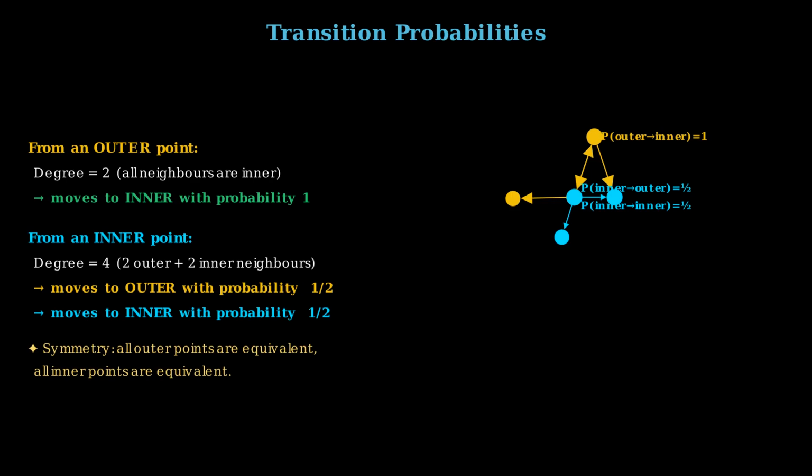So she moves to an outer point with probability 1/2, and stays at an inner point with probability 1/2. Notice the beautiful symmetry. By the rotational symmetry of the star, it doesn't matter which specific outer or inner point Charlotte is at. All outer points behave identically, and all inner points behave identically.